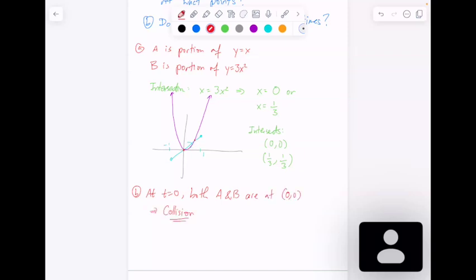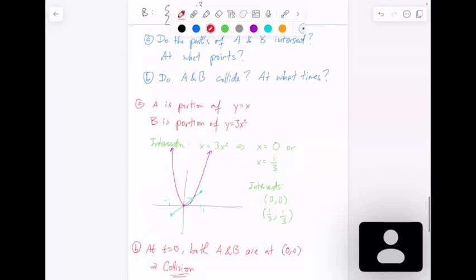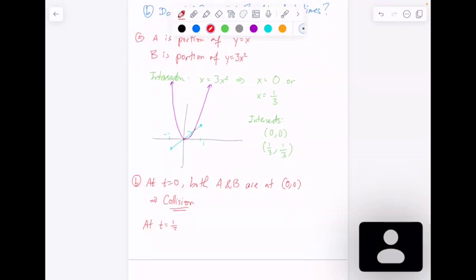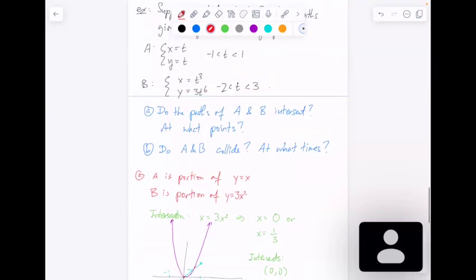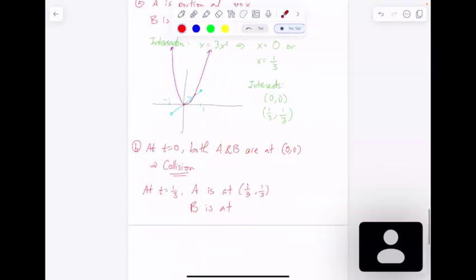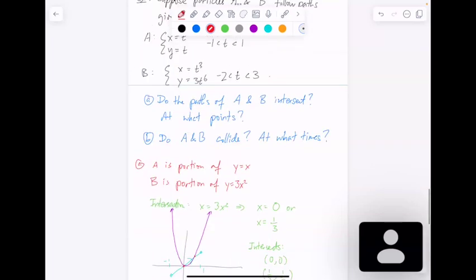Now, what about at 1/3? There, B is not at 1/3, and you can check because at t equals 1/3, A is at the point 1/3, 1/3. B is at, well, what was it? It was 1/3 cubed, so that's like 1/27, and t to the 6. Oh God, I didn't make this easy for myself, huh?